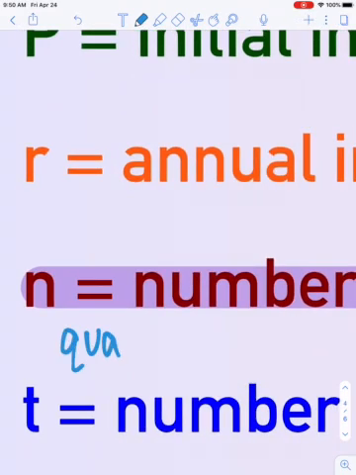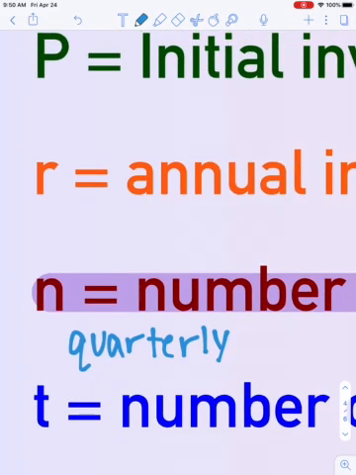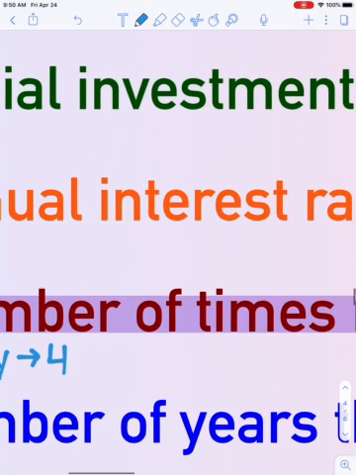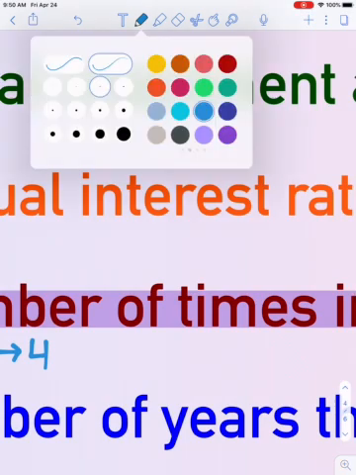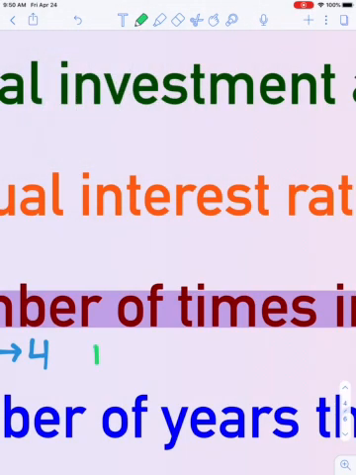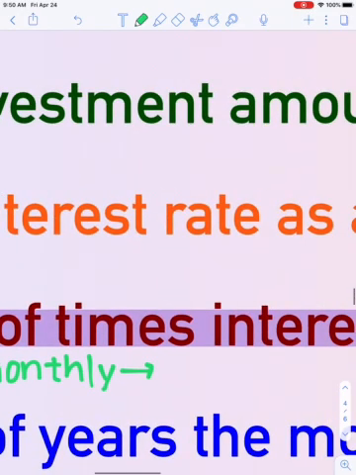So if something is compounded quarterly, how many times a year do you think that is? Quarter is 4. Okay, so your N would be 4 if it says quarterly. If it is compounded monthly, how many months are in a year?